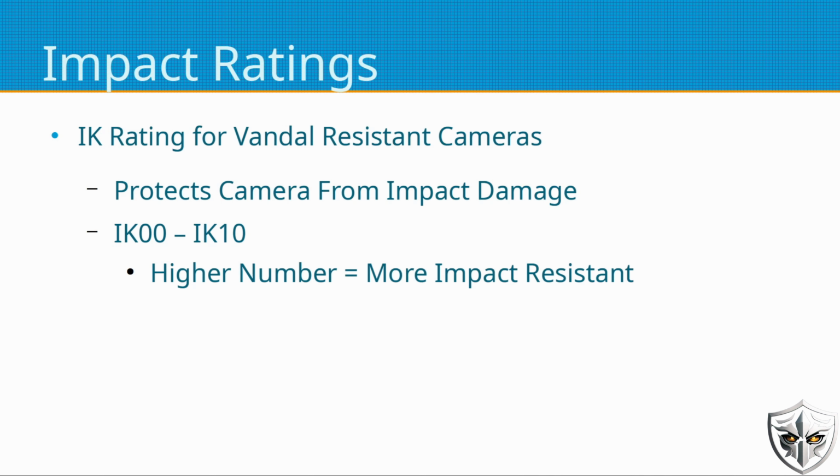The rating goes from IK0, the lowest, to IK10, which is the highest. IK0 is no impact protection at all. IK10, I think it takes about 200 joules. So basically, you could hit it with a sledgehammer and probably not break it. You may break the mount that it's attached to, but you won't actually break the camera itself.